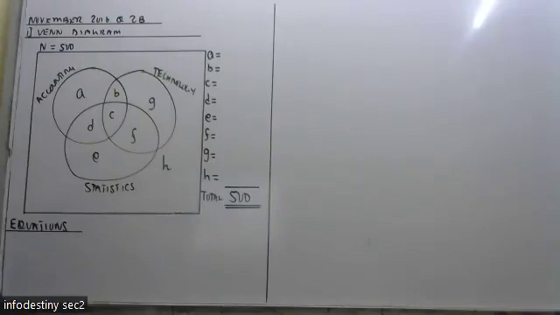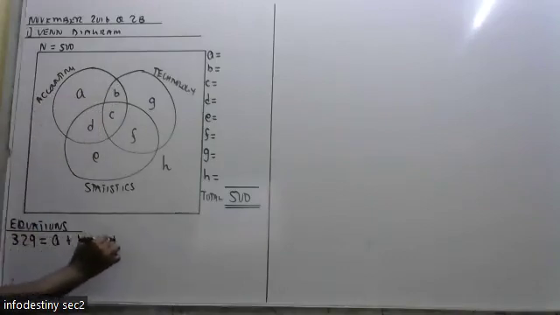Yes. Okay. So we are told 329 were enrolled for accounting. So that means these 329 is everyone inside accounting. And that is A, B, C, D. So A plus B plus C plus D.